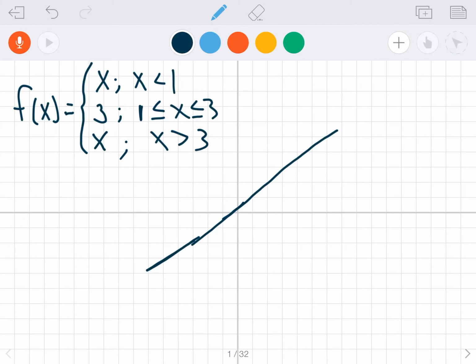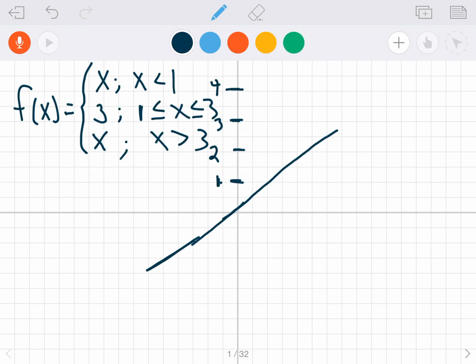So I'm going to space this out and make every 2 boxes. So this is 1, 2 boxes, 2, and 2 more boxes, we're going to call that 3, and of course this would be 4.